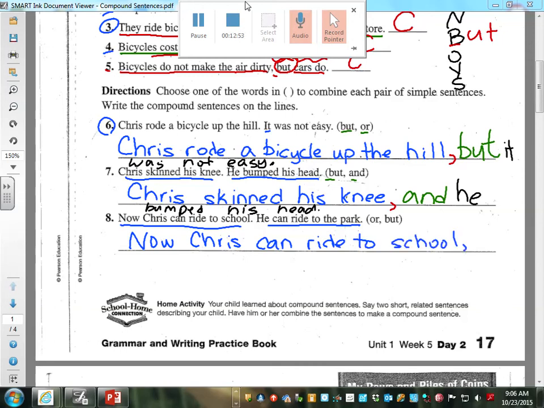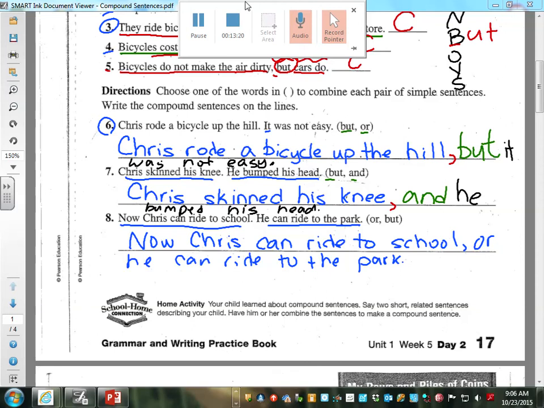A comma plus our conjunction, which is going to be the word or. Finish our compound sentence, class. Or he can ride to the park. Period. Good deal.